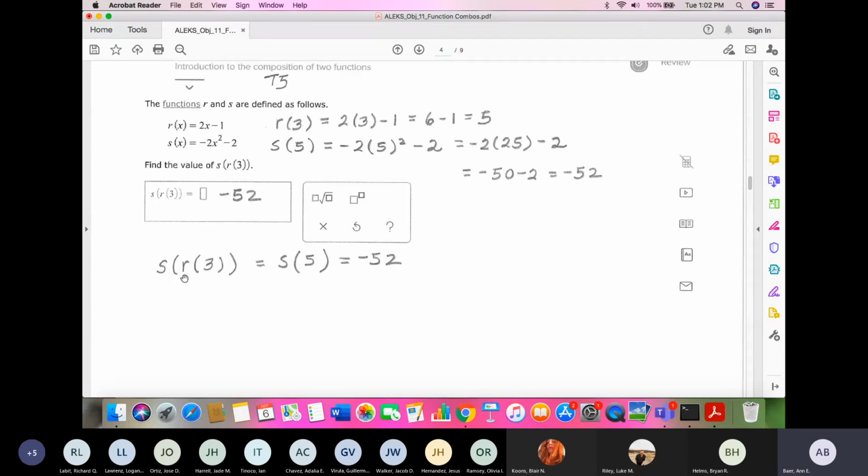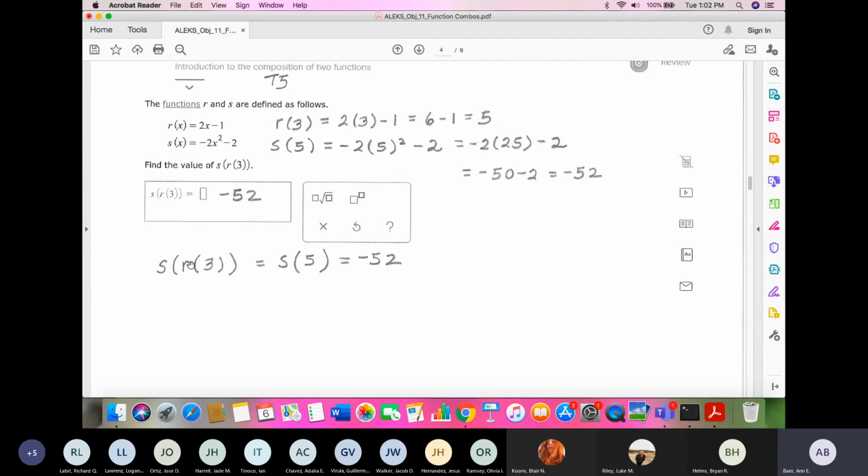In other words, what's the y value of our R function when x is 3? You go to the R function, we plug in 3 for x. R of 3, we're taking 3 and plugging it in for x here. So we get 2 times 3 minus 1. 2 times 3 is 6, minus 1 is 5.